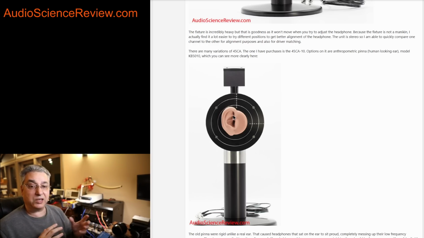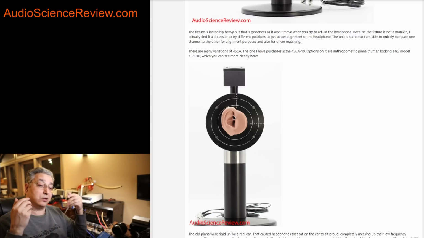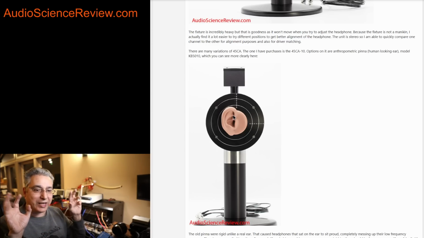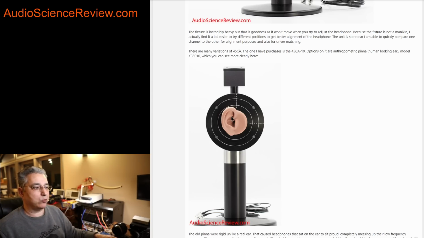Harman's research found that neither one of those correlated well with listener preference, and that a better method was to actually go in a reference standardized listening room, put in a very highly rated speaker. When I say highly rated, I mean it did extremely well in listening tests and objectively also, and then record that output and that frequency response with a dummy head.